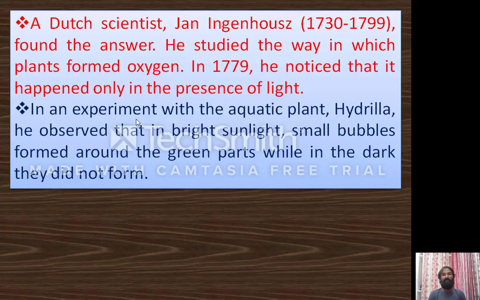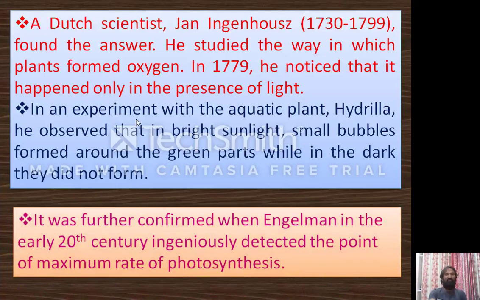So what does it indicate? In sunlight, small bubbles are formed around the green parts. In the dark, they didn't form any bubbles. After that, it was confirmed by Engelmann, a scientist in the early 20th century. He detected the point of maximum rate of photosynthesis.